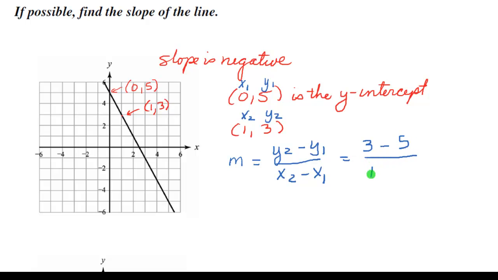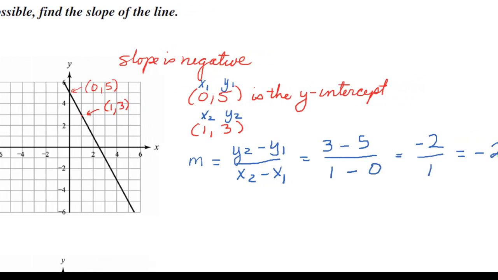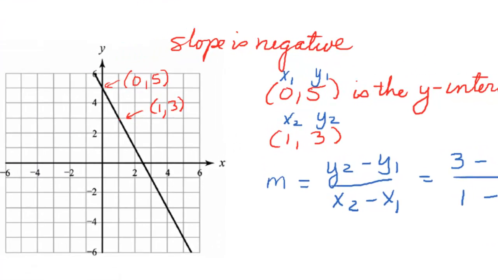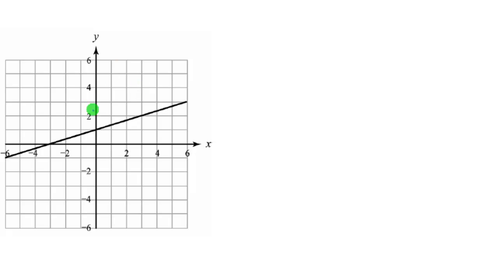So we're going to subtract the y values and then subtract the x values. And 3 minus 5 is negative 2 over 1, which is negative 2. So our slope for this line is negative 2, and so it is a negative slope. And we can check this by actually counting the rise and the run in the graph, and we'll do that in the next example.